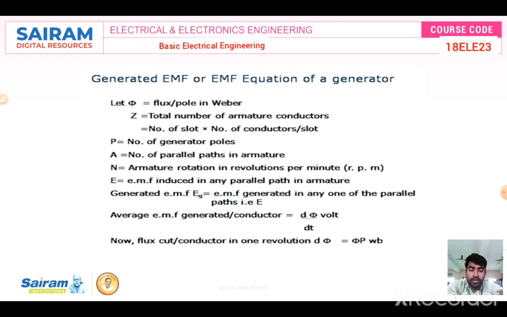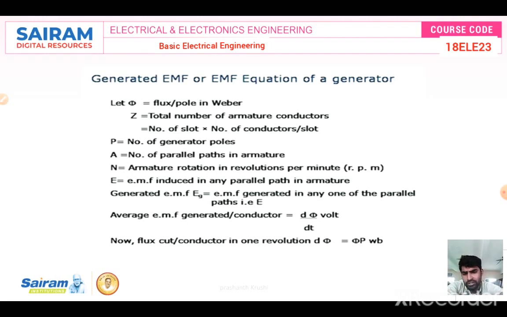Second, Faraday's law: the induced EMF is directly proportional to the rate of change of flux linkage. With the minus sign, N d phi by dt, Lenz's law applies. So E is equal to d phi by dt volts per conductor.